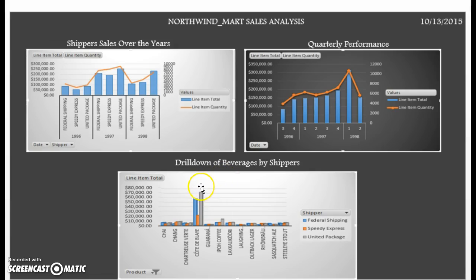By taking a combination of a line graph and a bar diagram, where the line graph represents the line item quantity of shippers over the years, and the bar diagram represents the line item total of shippers over the years, we can see from the pictorial representation that in all the years, United Package has the highest value in terms of quantity and total in 1996, 1997, and also in 1998.